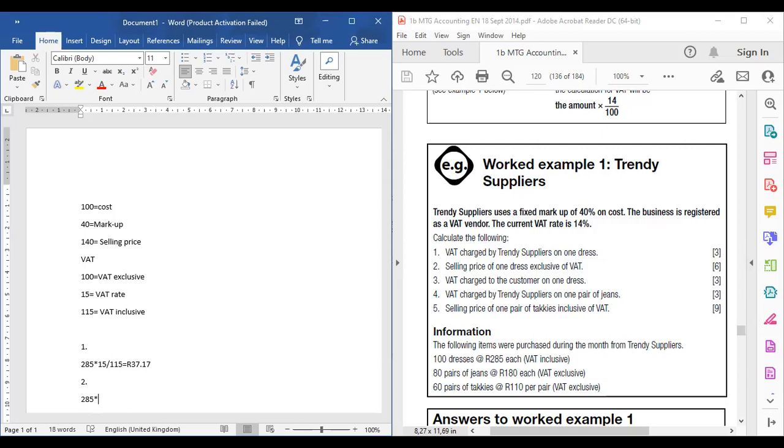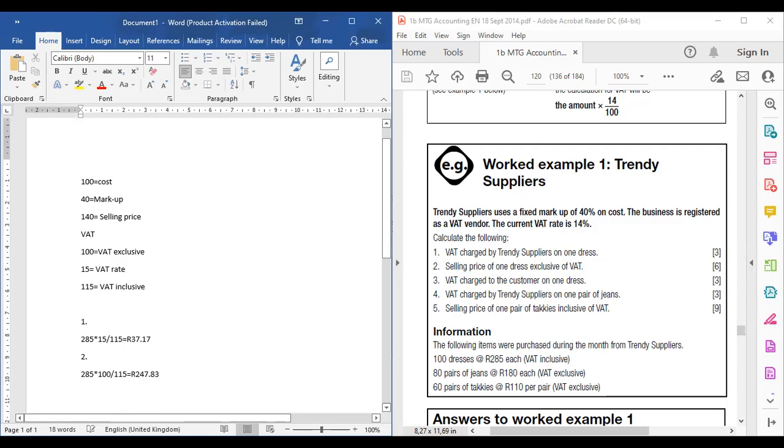What are we looking for? We're looking for VAT exclusive, and VAT exclusive is 100 over VAT inclusive, which is equal to 115. So the answer will be 247.83.